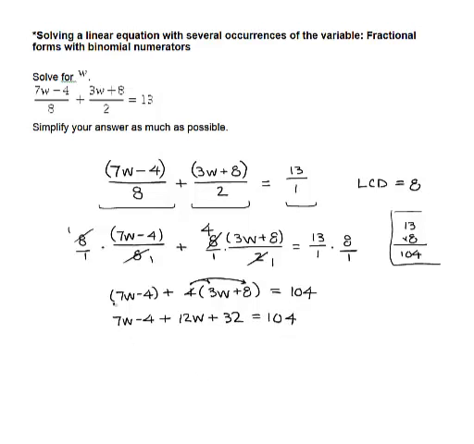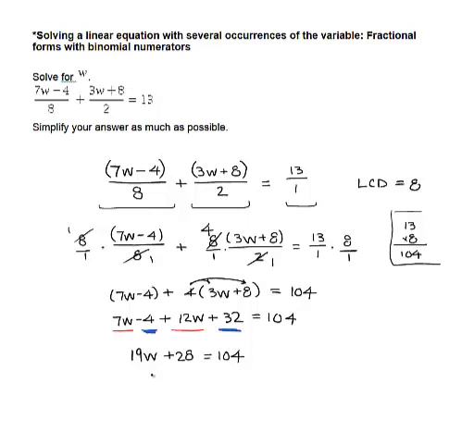Now I combine like terms on each side of the equation first. So I have 7w plus 12w gives me 19w. And I have a minus 4 and a plus 32, and that gives me a plus 28. And that equals 104.